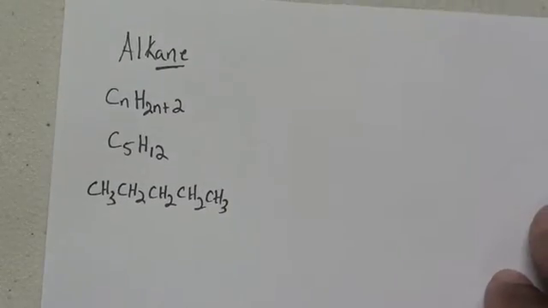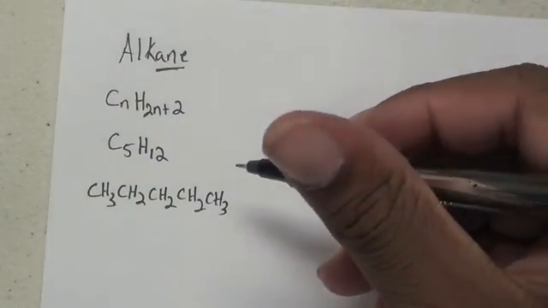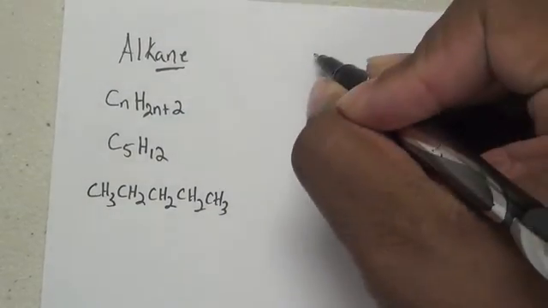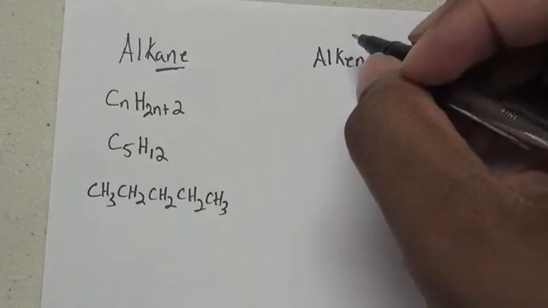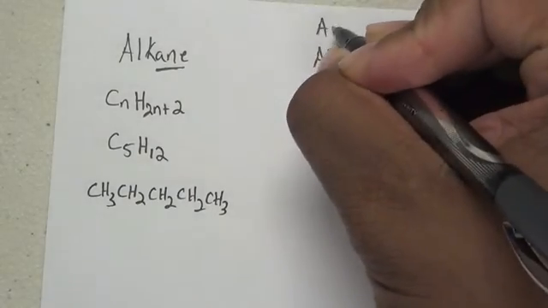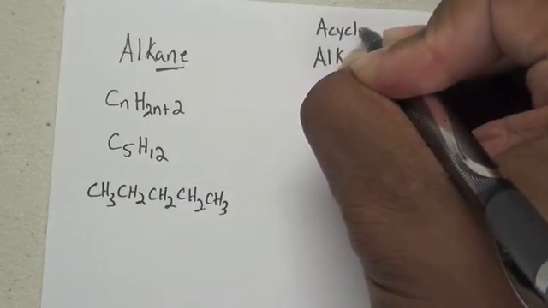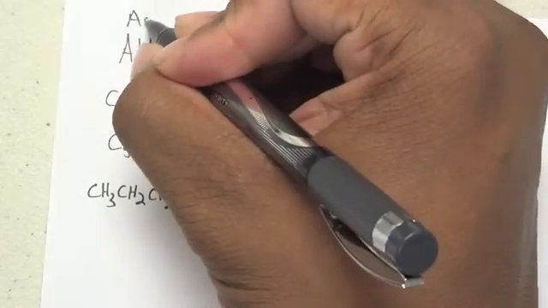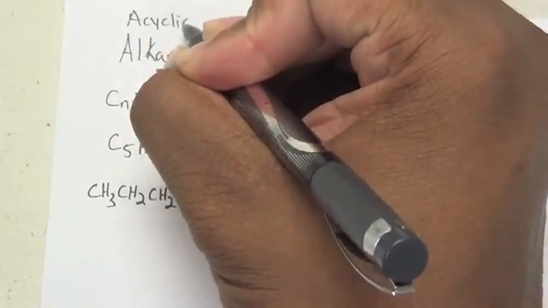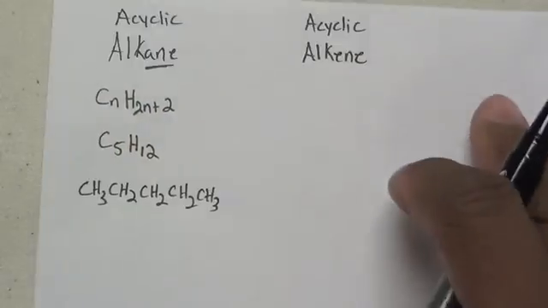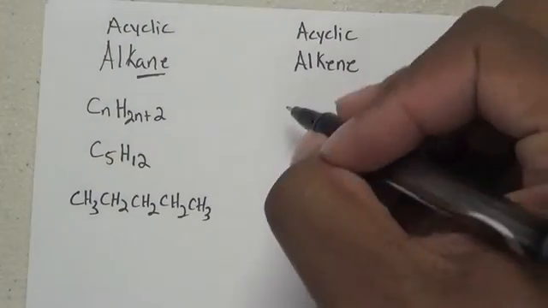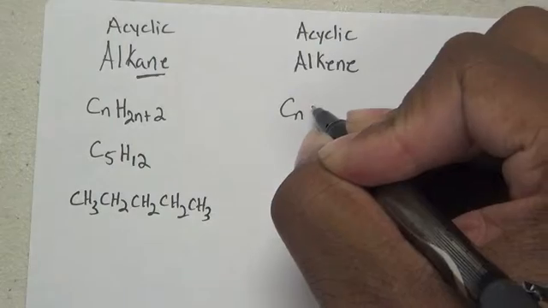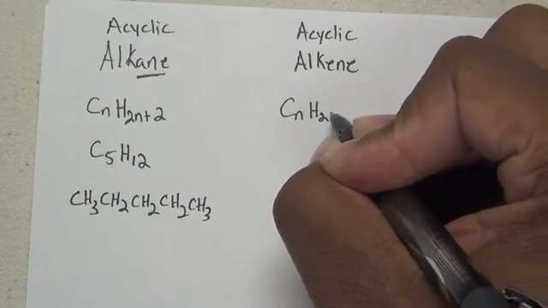Okay, now if we were to talk about an alkene, and actually these are both acyclic. The acyclic alkene, the general formula for that is CnH2n.